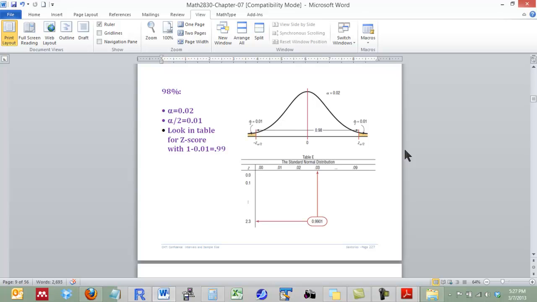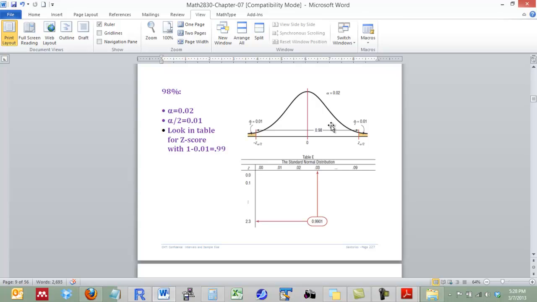So here's my normal distribution. 98% is going to refer to the in-between. I want to capture 98% of the area. So that's going to be my 1 minus alpha. And then alpha is my error, so it's everything outside of that. So we've got 98, then 1 minus that will give us 2%.